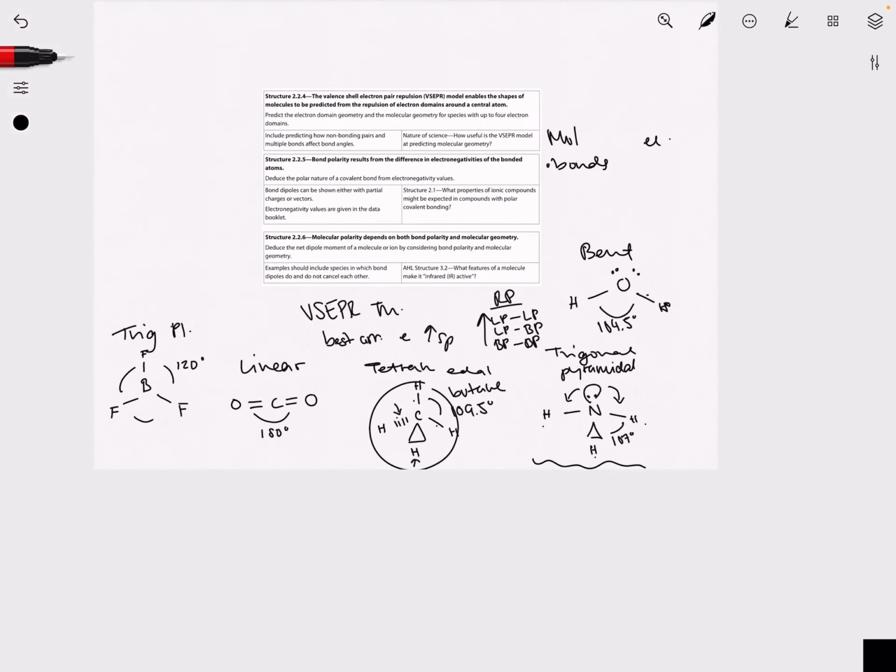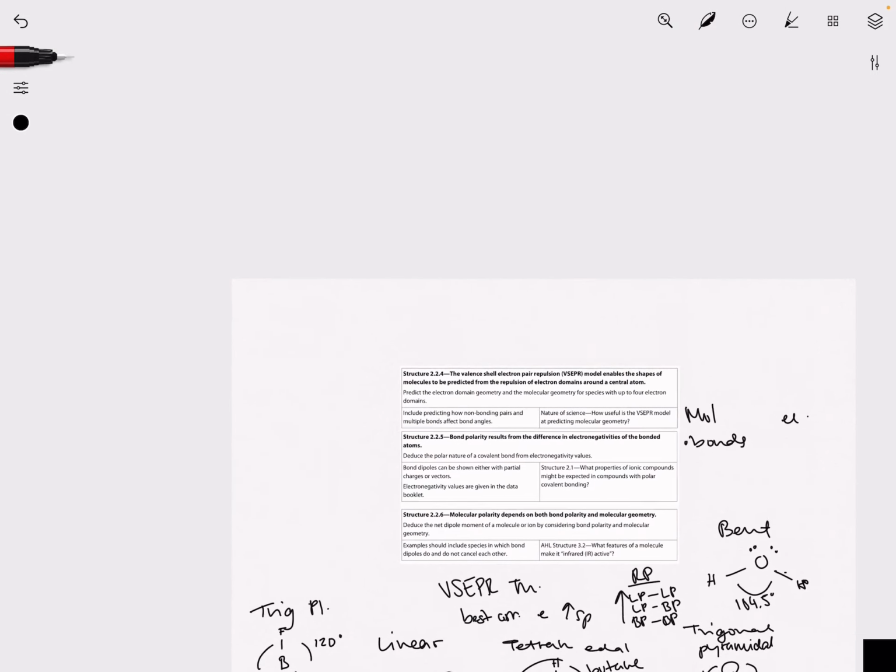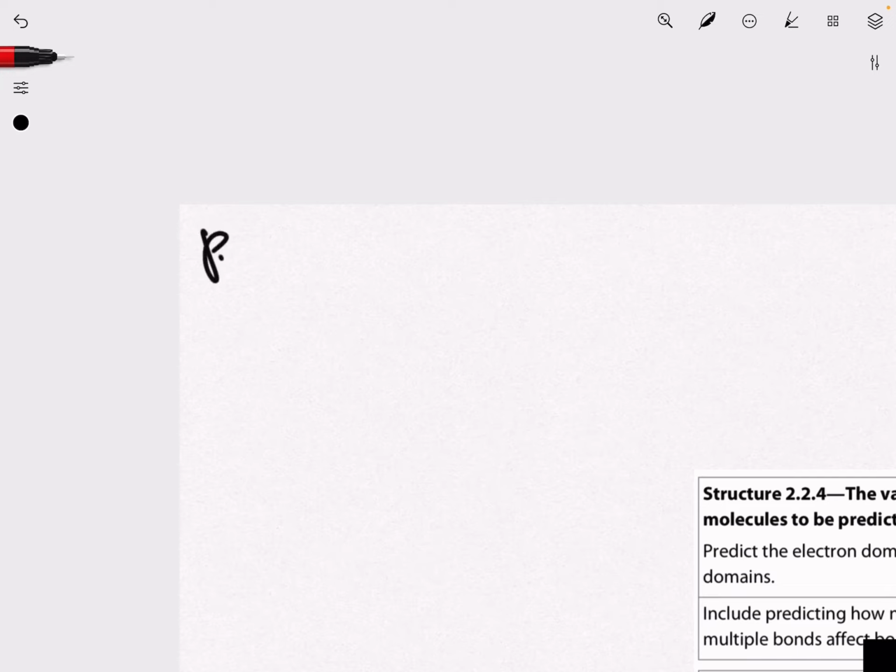Next up, we are going to look at polarity and just look into what this is. So, in terms of a bond, for example, let's take hydrogen fluoride.